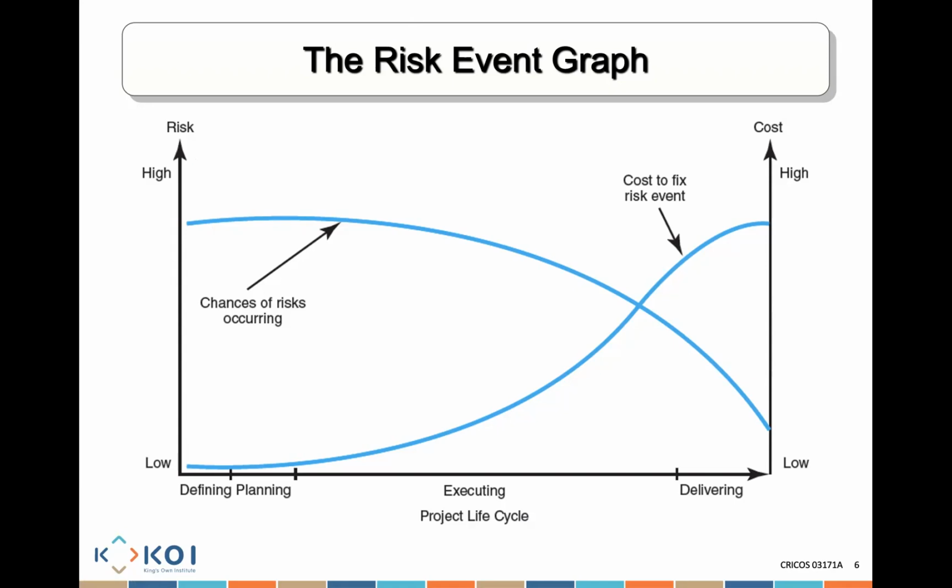I can control it initially. Even if there's a risk, it's still at the beginning of the project. It's still early. It's still in defining. Well, guess what? It is not going to cost me a lot of money, so it is not too much of an issue. But if I continue with the project, and now I'm getting towards the end where I am going to be delivering that project, and then I find out, oh, there is a risk that I've missed, that is a big problem.